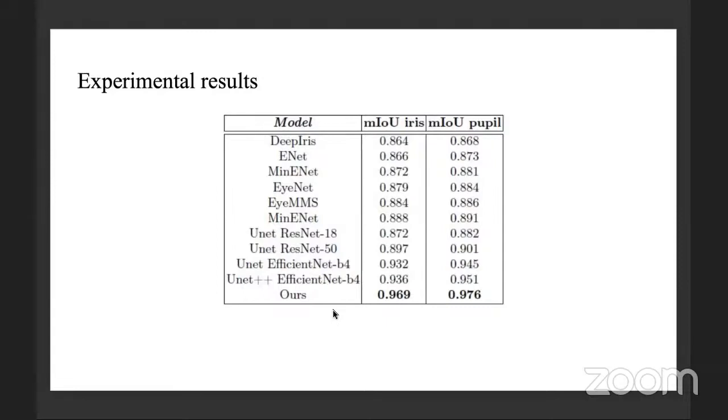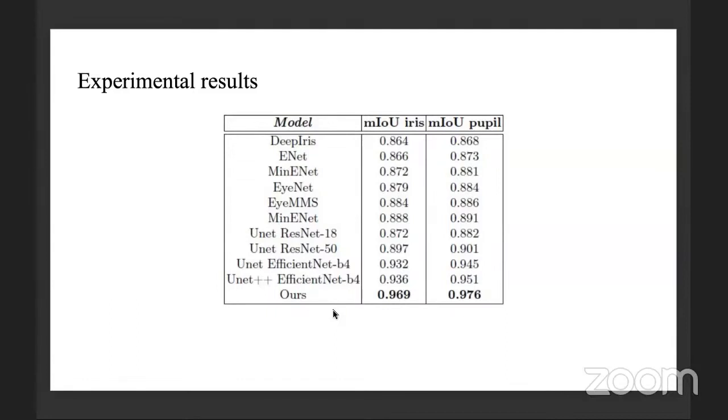So this is the experimental results for our model in comparison to other models that have been tried for this data set. These are models used for this task in different studies, for example, Deep Iris or INET. They are specifically used for iris and pupil segmentation.